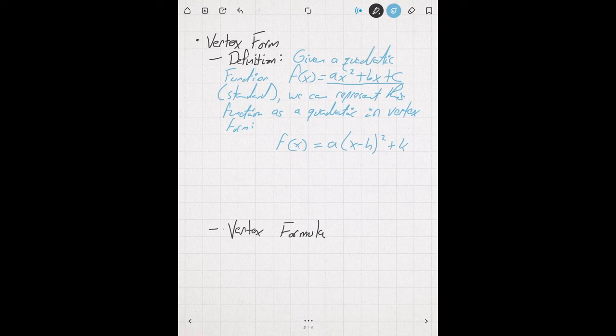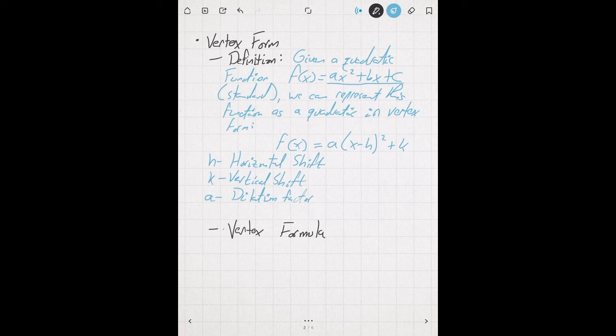If we remind ourselves, h here controlled the horizontal shift, k here controlled the vertical shift, how much we went up or down, and then a was the dilation factor, or the scale factor.